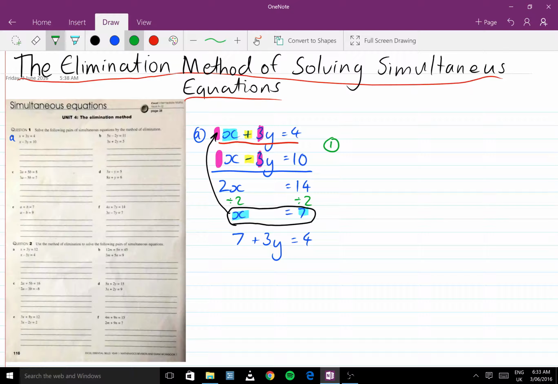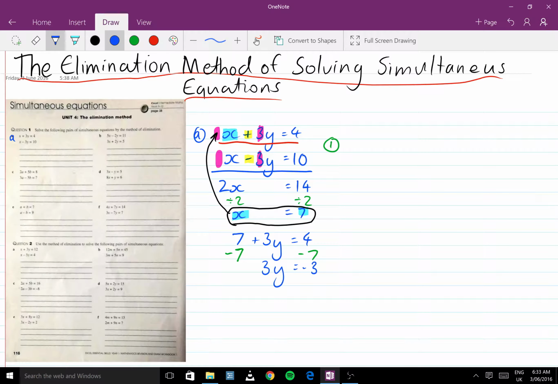My first job is to get rid of the 7. You always want to get rid of lone numbers by themselves first. It's generally a good strategy. Take it away from both sides to keep it fair, and I end up with 3y equals minus 3.